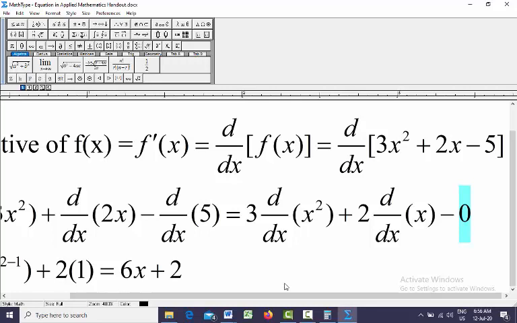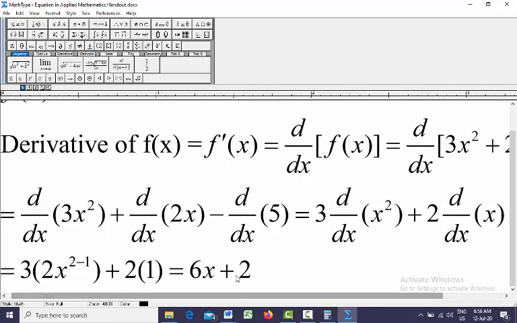Now see, 3 is outside. Now the variable has a power. As I said before, whenever you see a power with the variable, and if you want to do differentiation, that power should come first. And then you need to deduct the power by 1.